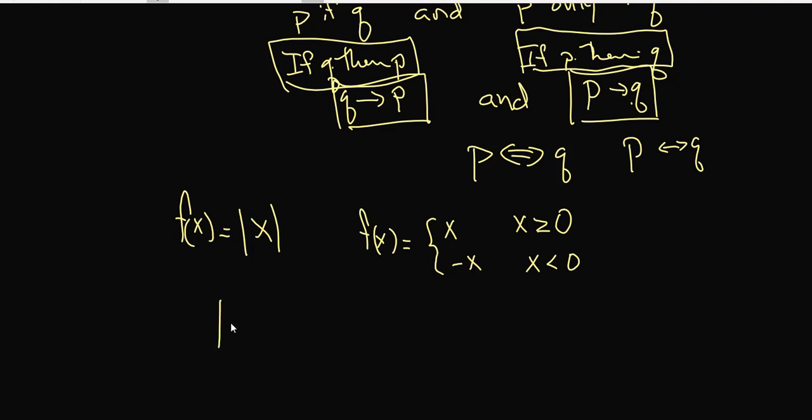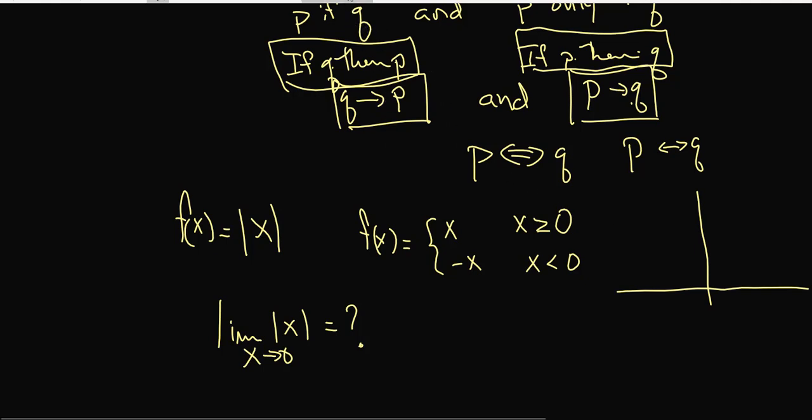That's the absolute value function defined as a piecewise function. So suppose we wanted to know what's the limit of this as x goes to 0. Now you probably know what the graph of this looks like.